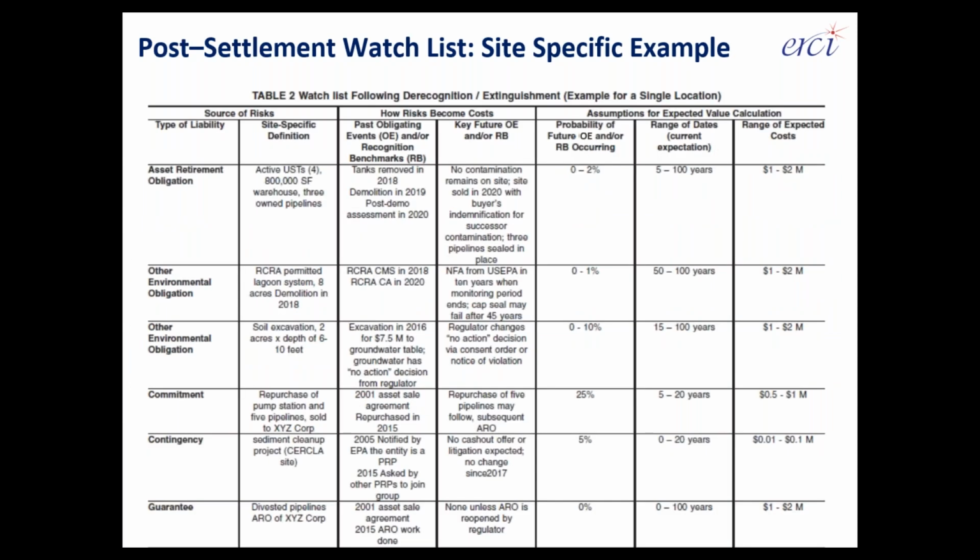For post-settlement, the following example really describes the differences in what has happened. So again, moving left to right, the first four columns are very much the same. The type of liability, the definition, the past and the future obligating events and recognition benchmarks. But note the fifth column moving left to right, the probability of a future recognition benchmark is quite small compared to the previous.